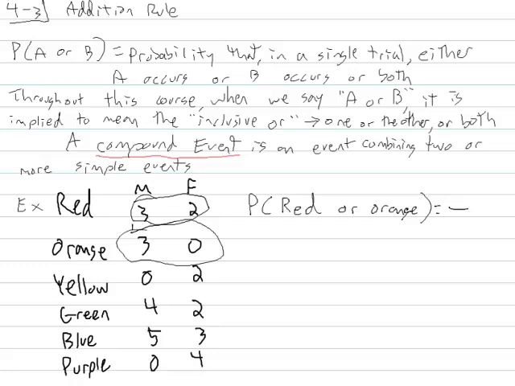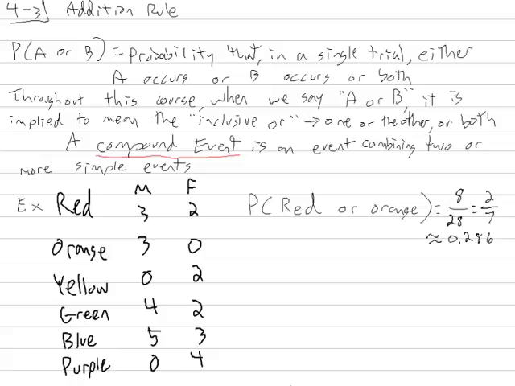So that's a total of 8 students in the room who would answer yes to, is your favorite color red or orange? So 8 out of 28, which reduces to 2/7, or as a decimal, 0.286 if we round that to 3 decimal places.